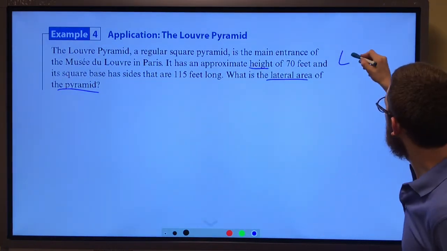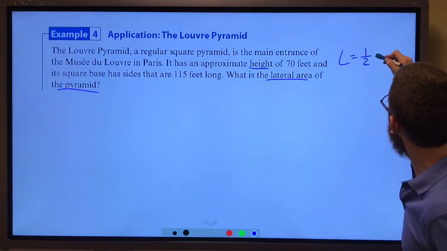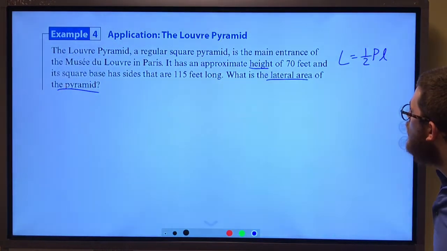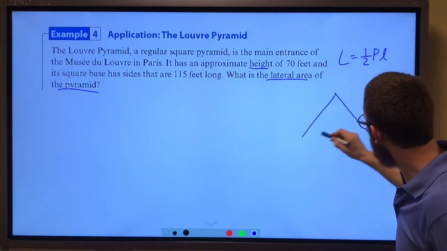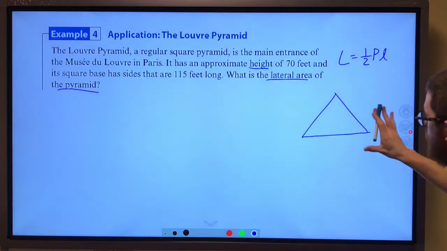For the lateral area, we know that is 1/2 the perimeter of the base times the slant height. That's our formula. So we don't want the actual height. We don't actually need that. So I'm just going to look at the side of this pyramid.